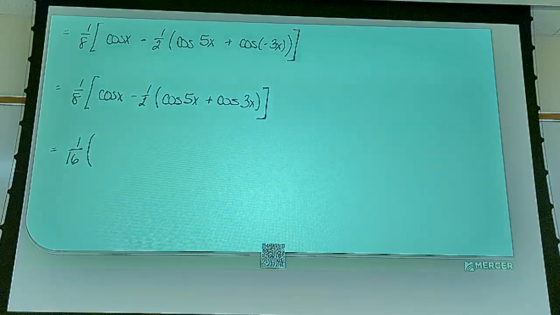And again, remember, factoring is the opposite of distributing, right? When you distribute, you multiply. So when you factor, you do what? Divide.